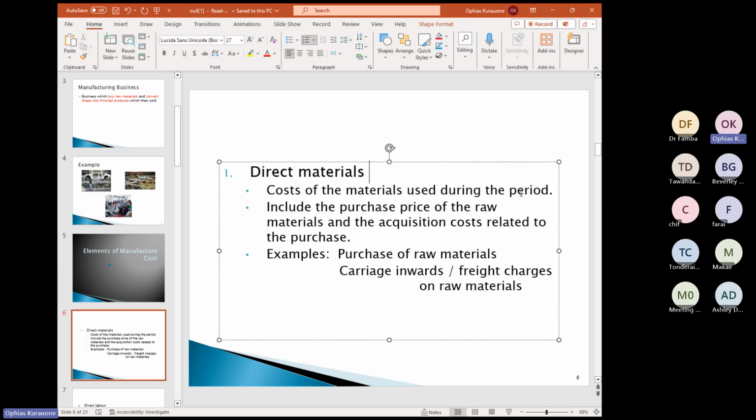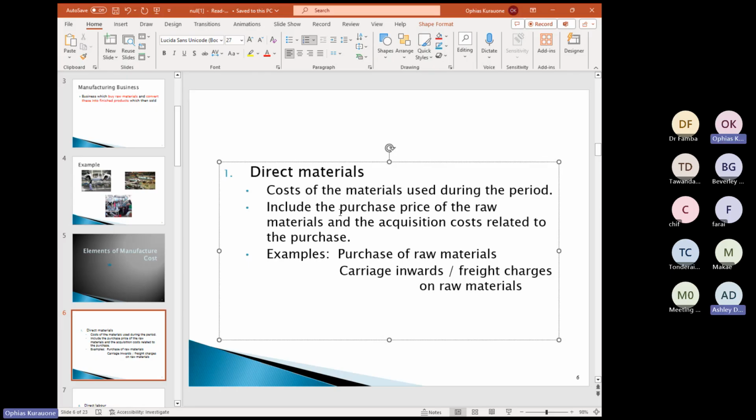Even if you are a carpenter, you need to buy planks and screws so that you are able to come up with a table. These are what are called raw materials. So the cost of the materials during the period, these are raw materials.